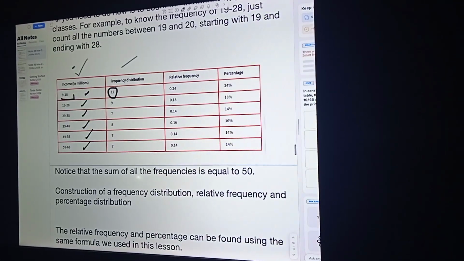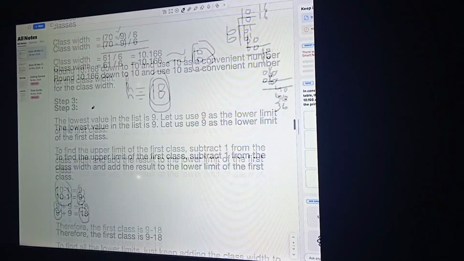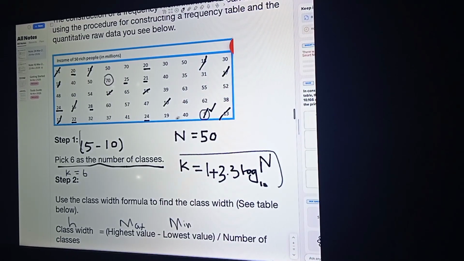These are total 9 for 19 to 28, and I've counted 7, so 2 are missing. What's left? This one is left, and what else?